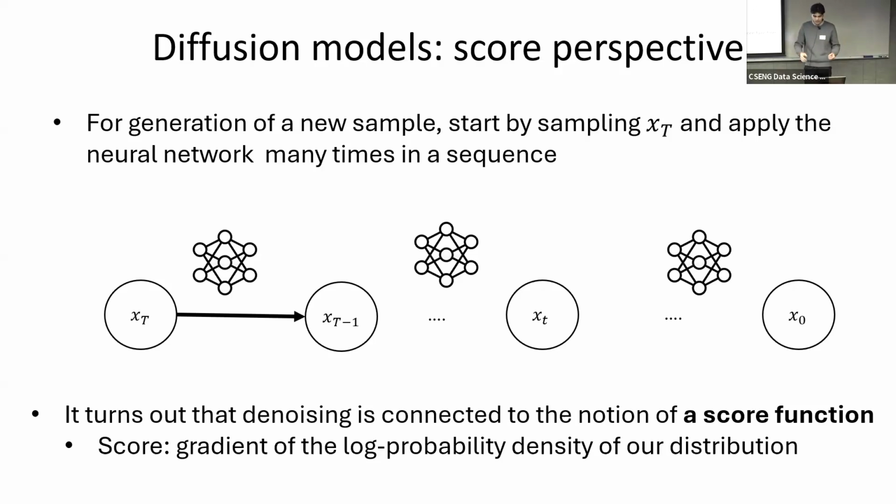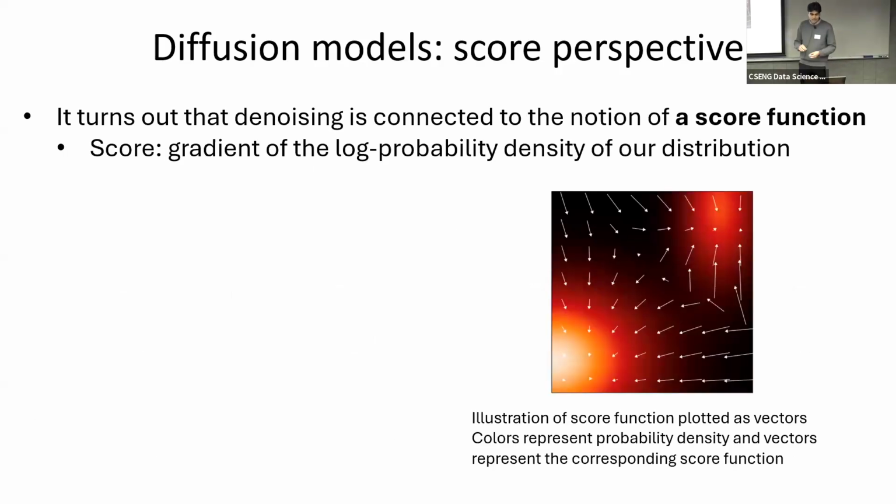So think about, and maybe this slide is the best way to think about it. If you think about this picture as the space of my data, which includes my actual naturally looking data, but also noise samples, right? And if I am at any particular location, the score function tells me in which direction I should go such that the probability of getting towards the natural data increases the most.